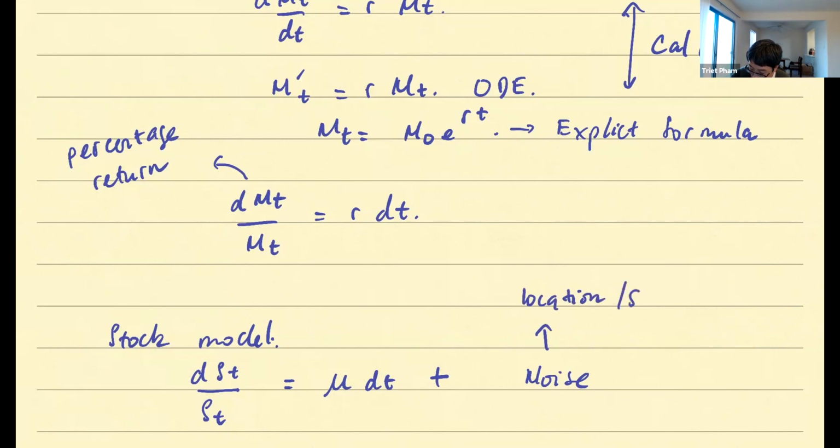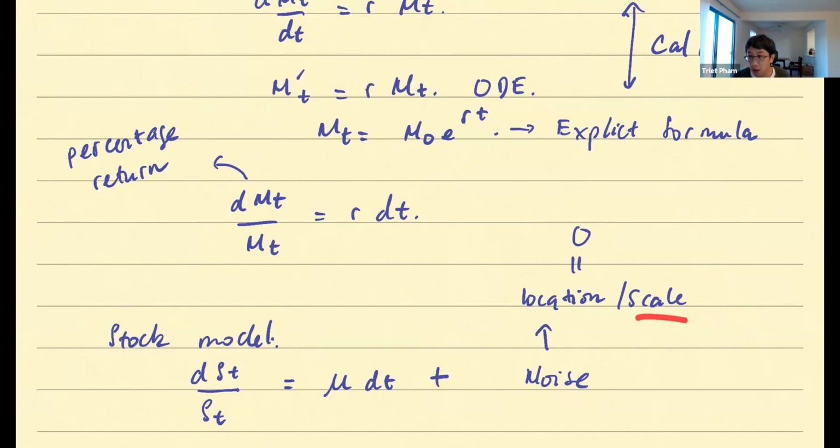I'm using statistics language here, but anyway, mean and variance. The location, the mean of the noise, goes without saying, should be 0, because the noise should not drive your model. The noise is just going to be fluctuation. Adding the noise on average does not change the trend.